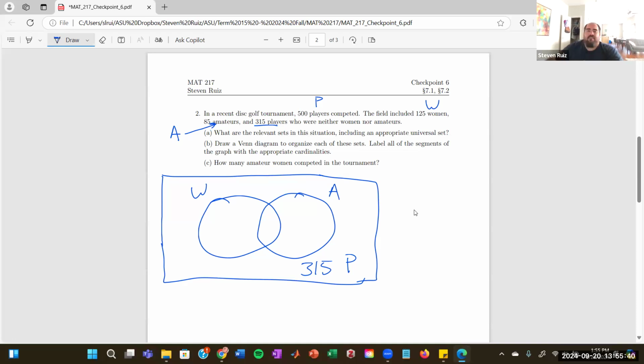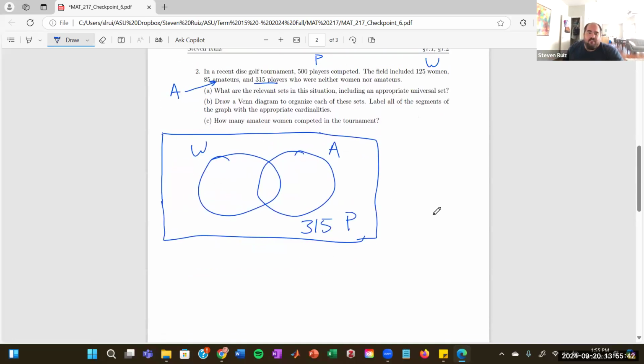So let's write that in set theory notation here. The cardinality of P is 500. Actually, let's say it this way. The cardinality of W union A complement is what?